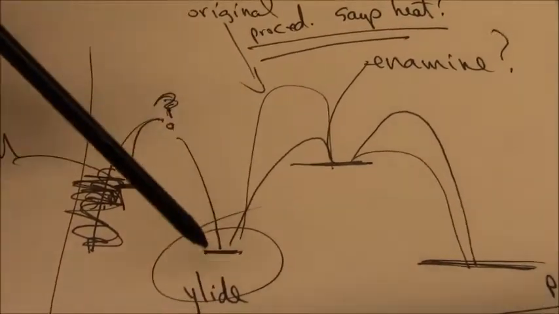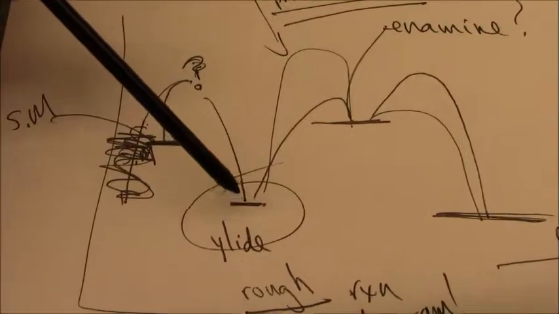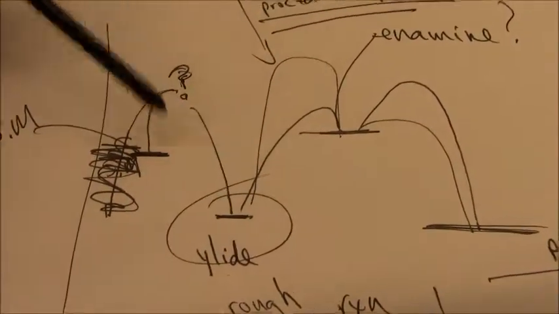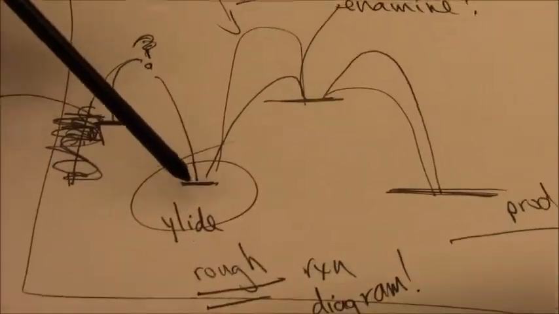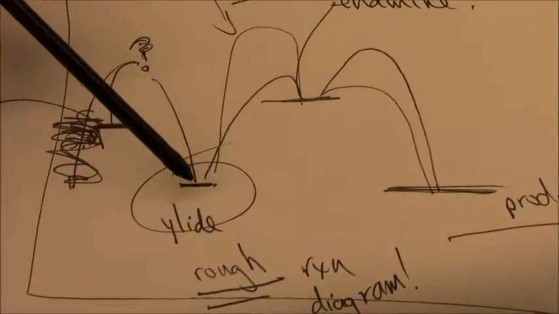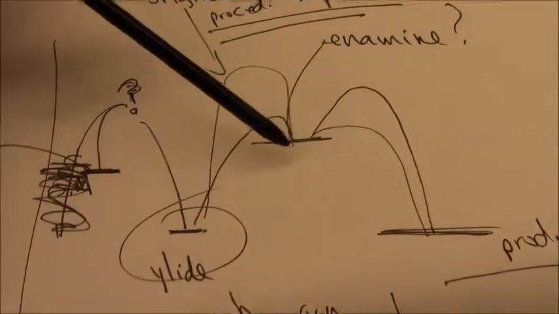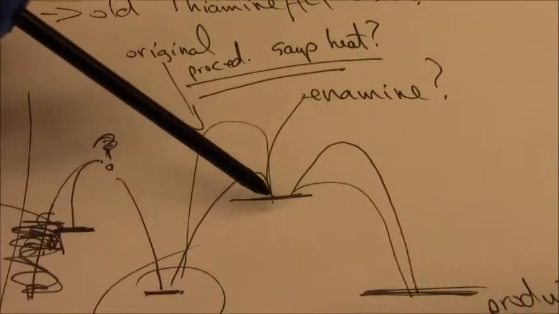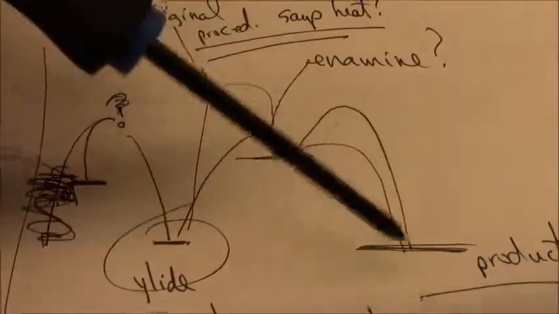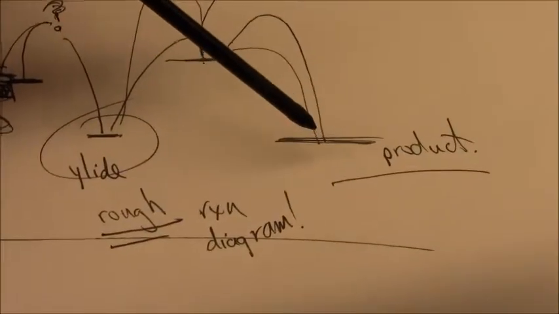So the very first step, whether you make the ylide or whatever it is, it's exothermic because you got to cool it. So somehow, some way, that first step will be exothermic. Then you take that ylide and react it with your aldehyde to make an enamine of some sort, right? And then it carries on to your final product, right?